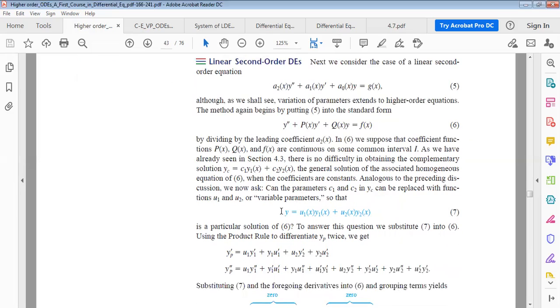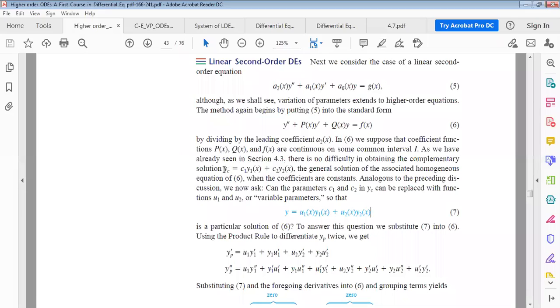So the particular solution will be y equals u1(x) y1(x) plus u2(x) y2(x). This is the difference: there are two parameters replaced because this is a second order differential equation. So we have to replace two solutions.